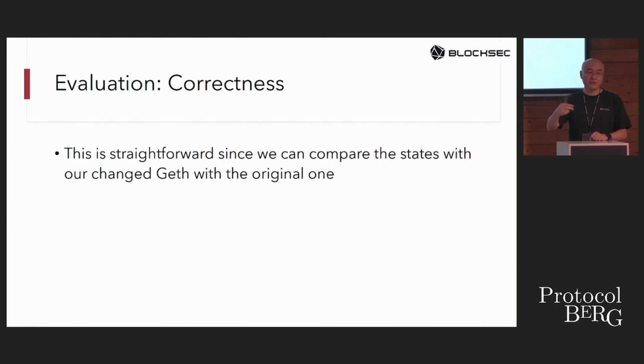If our system produces an erroneous execution result for a transaction, it is useless. So to evaluate correctness, we can replay all the transactions from block 1 to the latest block and compare the world state between our system and the vanilla Geth client. If there is any inconsistency between them, then something is wrong with our system. So it's easy to perform the correctness validation.